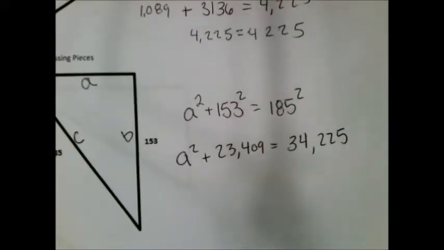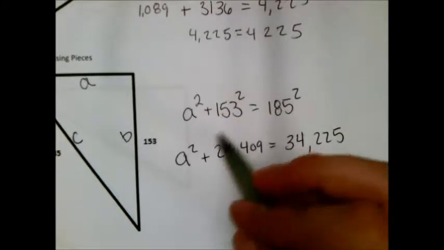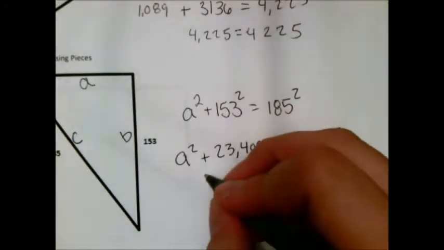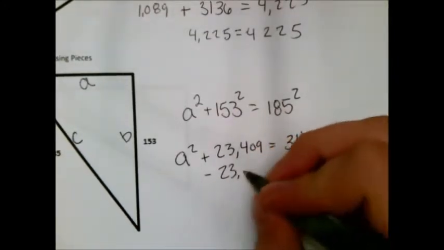Alright, just like any variable problem, we're going to have to solve for the missing number. So first we're going to get rid of this 23,409. We're going to subtract that from both sides.